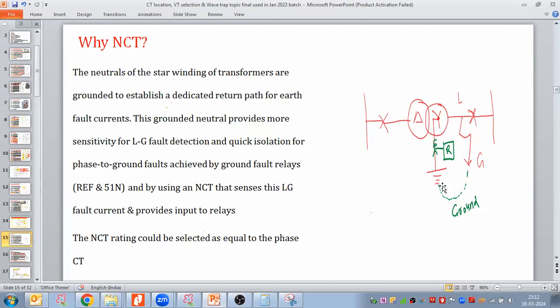So what kind of current rating do I take for the CT? The preferred practice is that you take the neutral CT current ratio equal to your phase CT current ratio, and we get a high impedance REF protection as well.